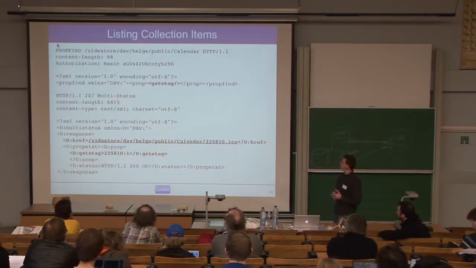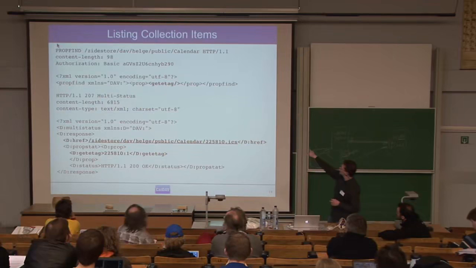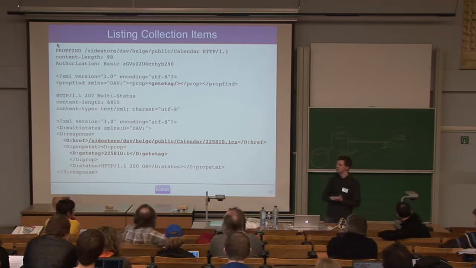So that's what it looks like. It's a PROPFIND operation which goes to a calendar in this case, and the PROPFIND instructions are contained in the body. The getetag says that we want to retrieve the ETag of all items contained in that calendar.